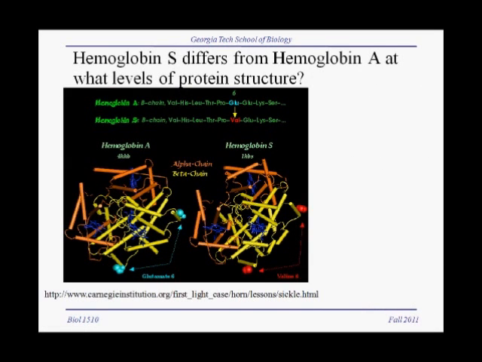If we take a detailed look at the structure of sickle cell hemoglobin, what we see is that sickle cell hemoglobin is caused by a single amino acid change in the beta globin chain. So where normal hemoglobin has glutamic acid as the 6th amino acid in the beta globin chain, in the sickle cell mutation, the glutamic acid is replaced with a valine.